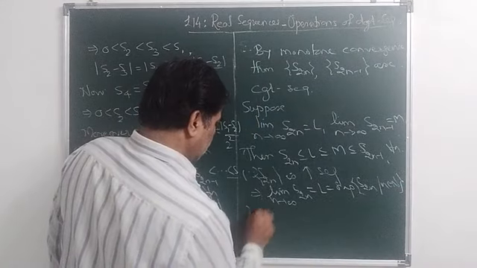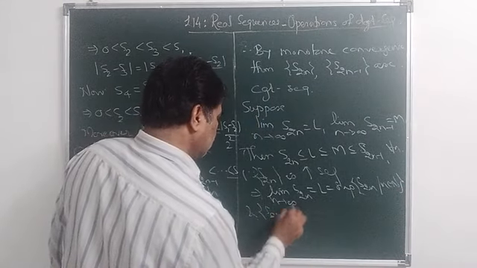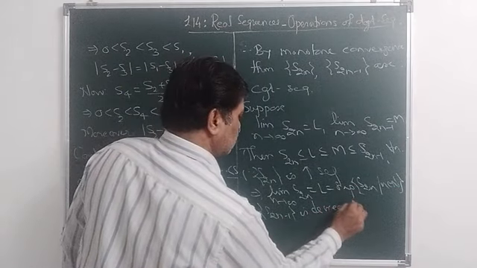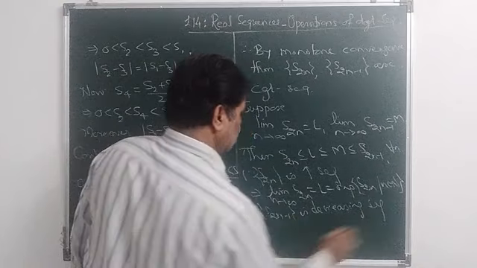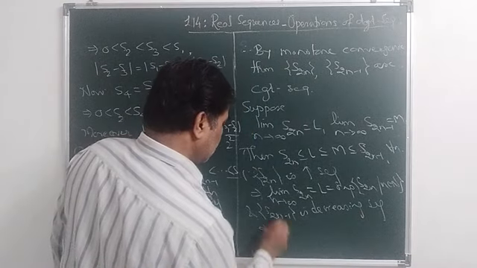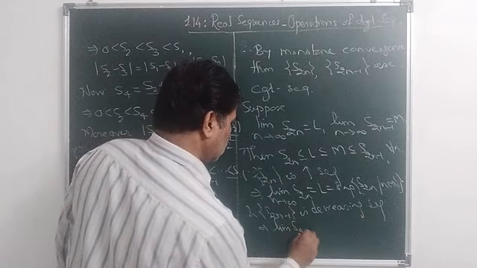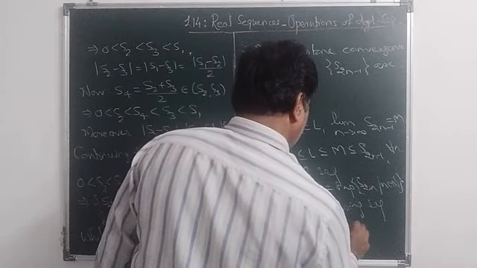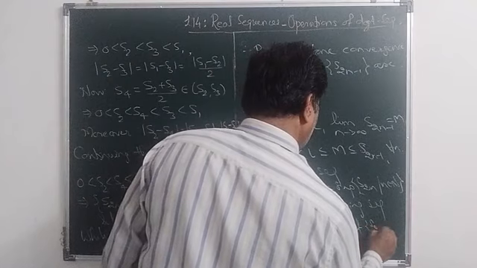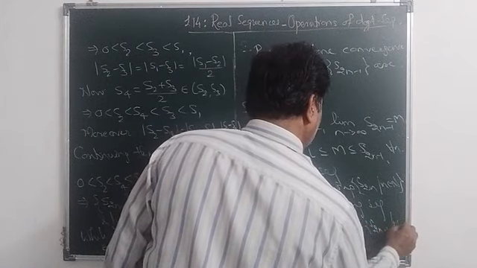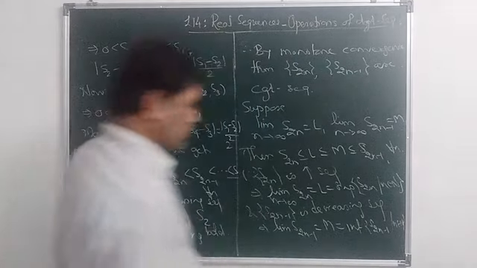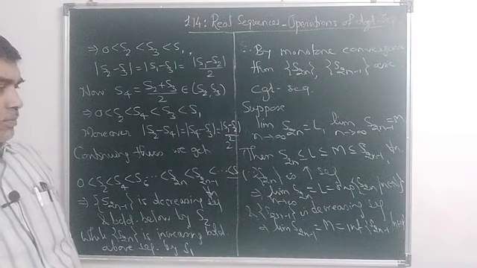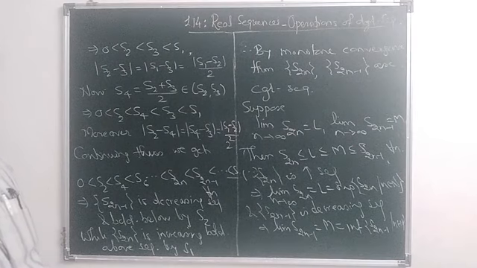And S(2n-1) is decreasing, which implies the limit of S(2n-1) is equal to M, which is equal to the infimum of S(2n-1), where n varies in N. Is it clear?